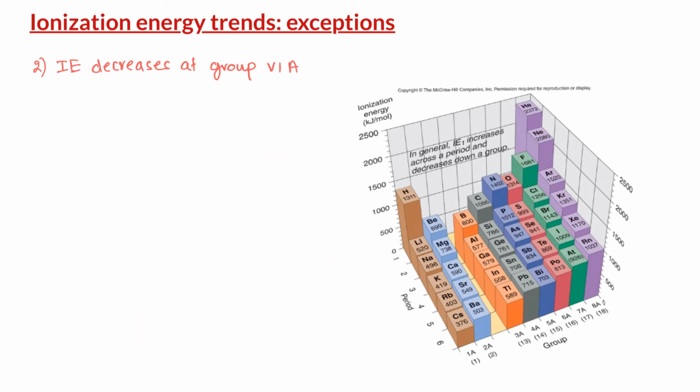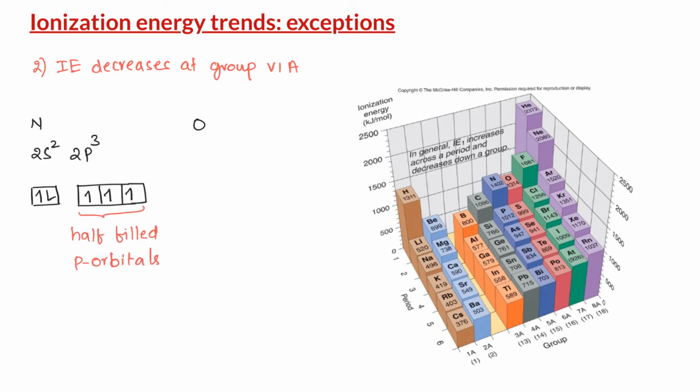Second exception. When you move from group 5A to 6A, the ionization energy decreases as opposed to an increase. In nitrogen, we have a half-filled p sublevel, that is, one electron in each of the p orbitals.